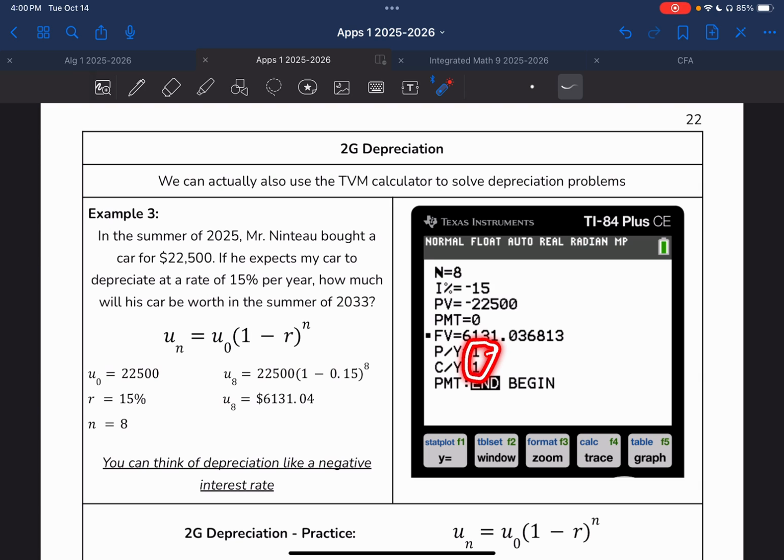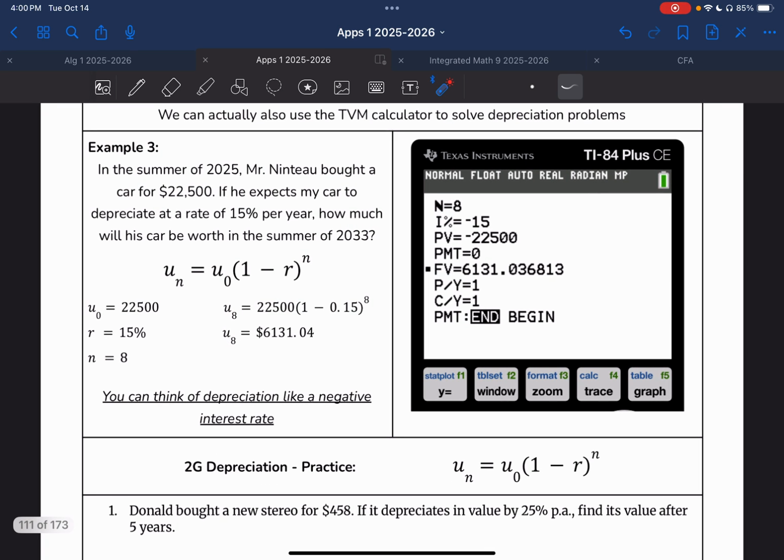P/Y and C/Y are 1 because the depreciation is just compounding at the end of the year. So this is essentially a negative interest rate, like we're earning negative 15% interest on the money I put into the car. If you plug in those values, you get this, which we see is matched in the calculator.